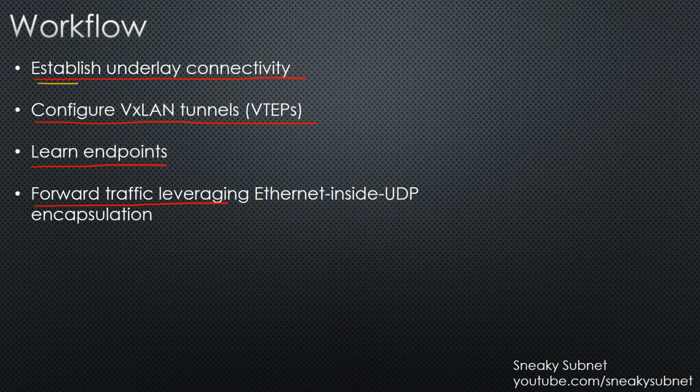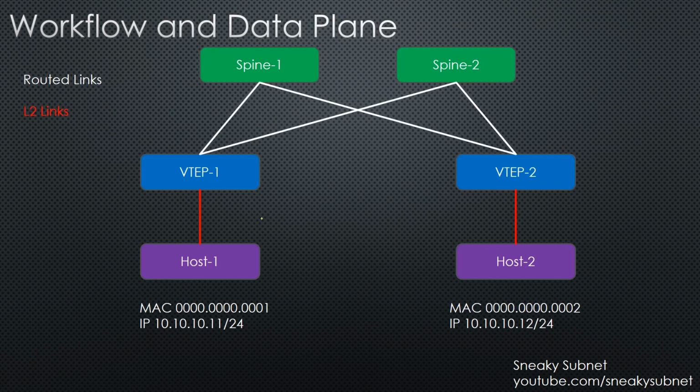So we established underlay connectivity. Now we need to configure VxLAN tunnels or virtual tunnel endpoint VTEPs. I don't have much information to say about that configuration at this point, and most of that information I've already said.